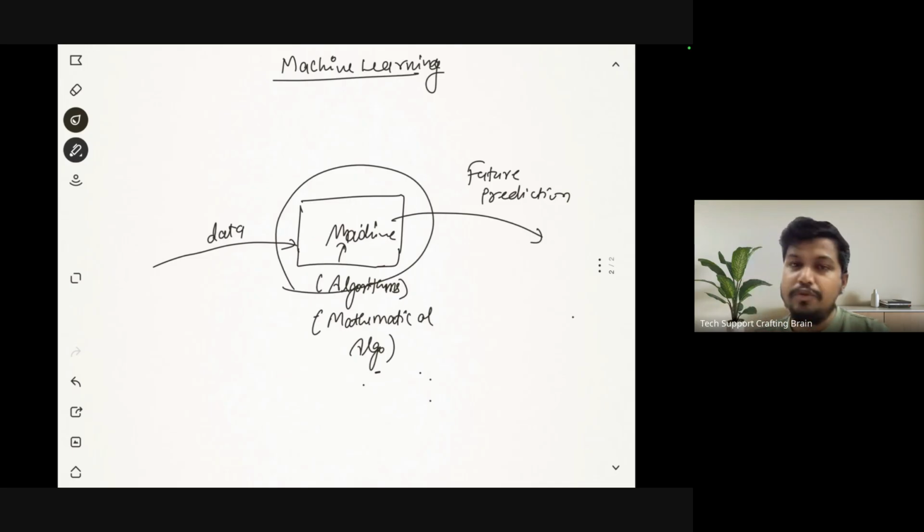That is the simple example of machine learning. We are able to train our machine with data, and it is able to make future predictions, which we use everywhere in modern days. Whether it is the weather being forecasted, what tomorrow's weather would be, that is a machine learning example. Stock prices going up and down is also a machine learning example.